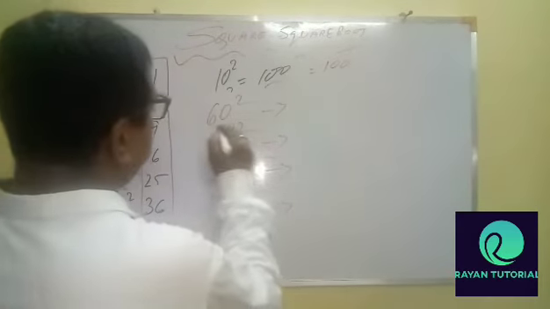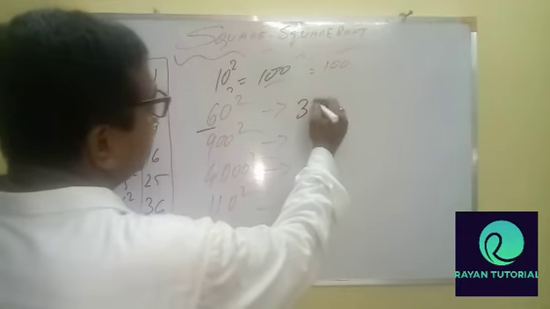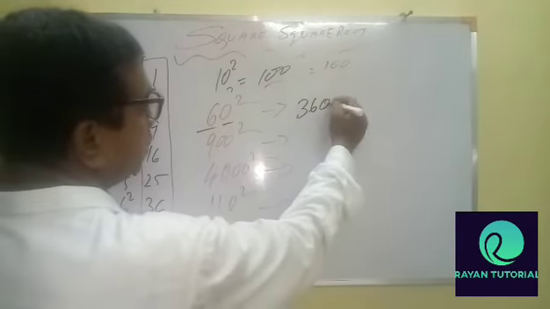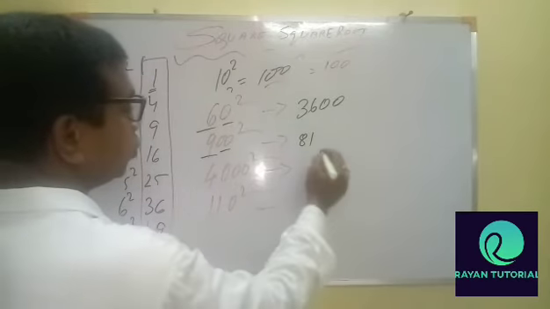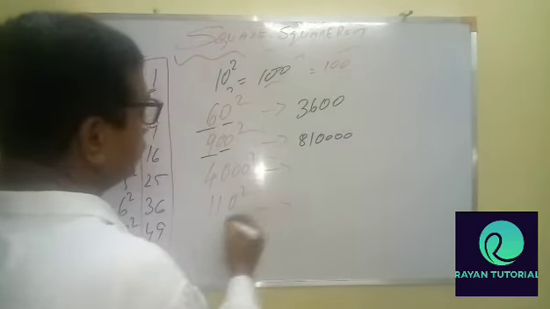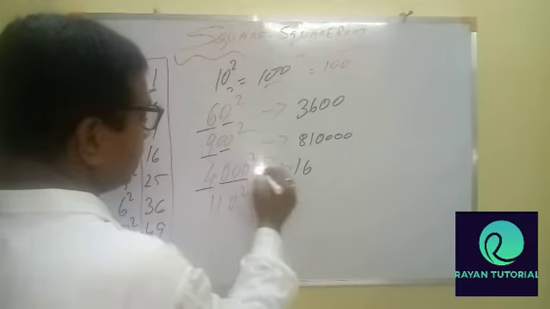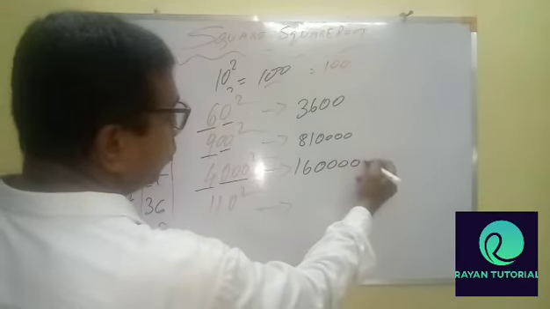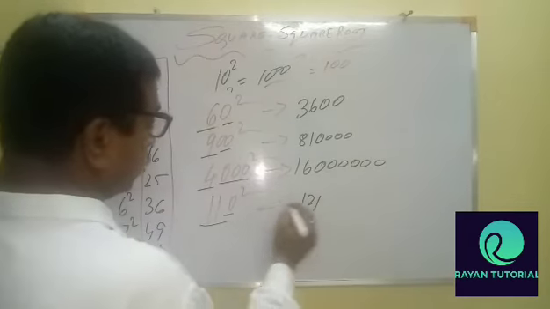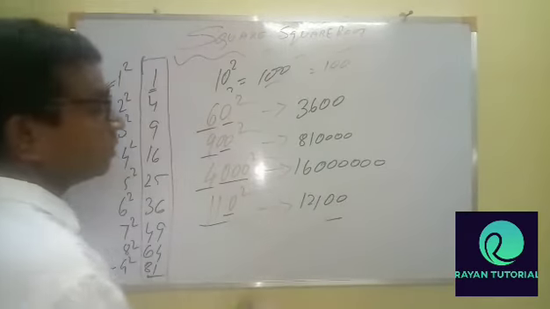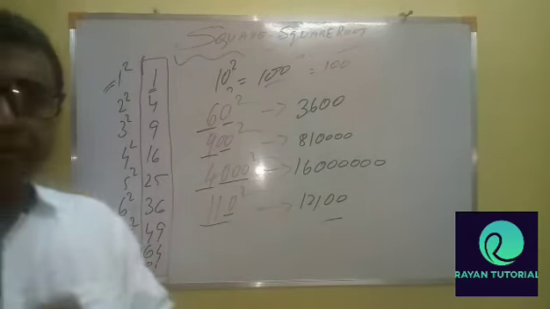Come along with me. 6 square, 36. How many zeros? 1, double. 9 square, 81. 2 zeros, double. 4 square, 16. 3 zeros, double. 11 square, 121. Finished.